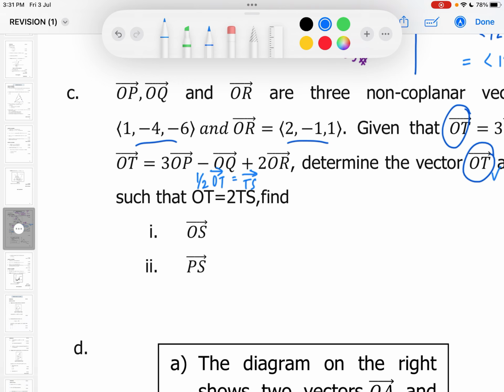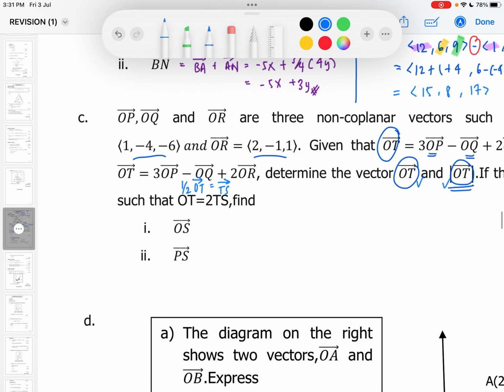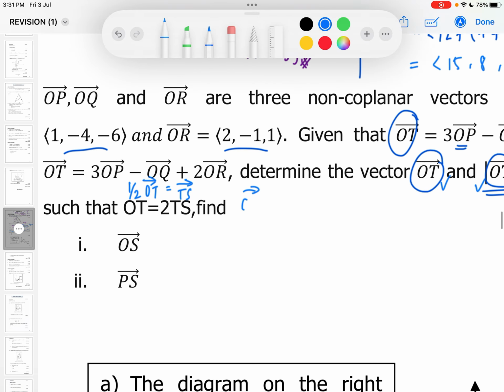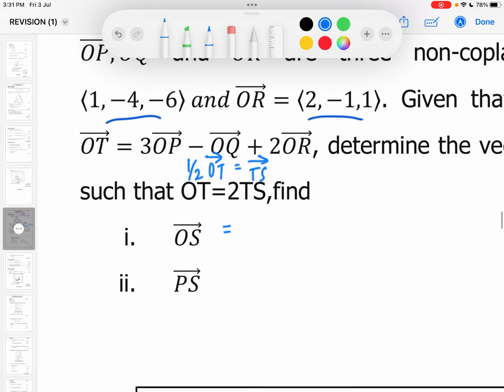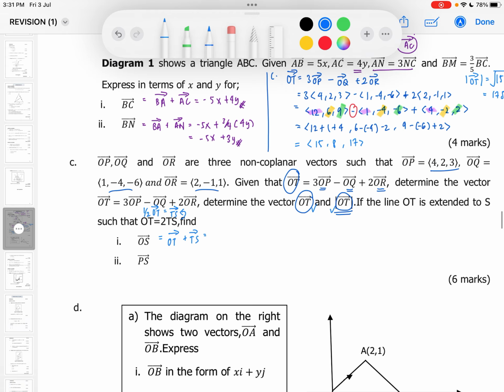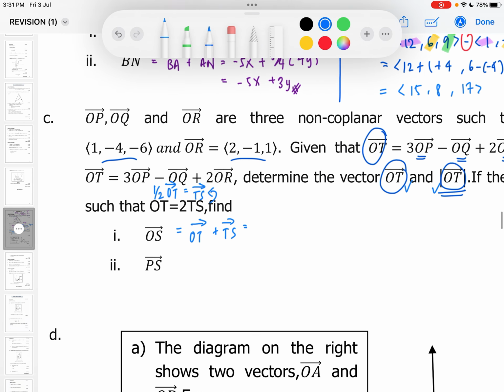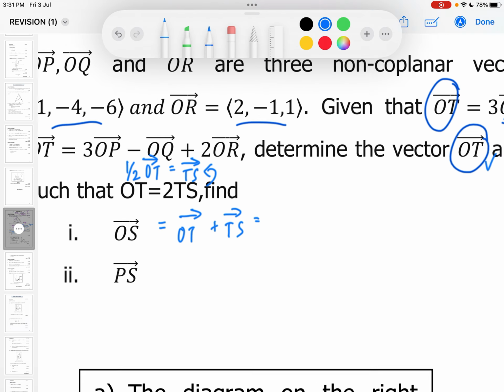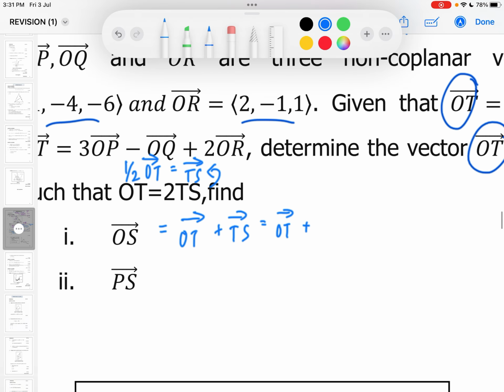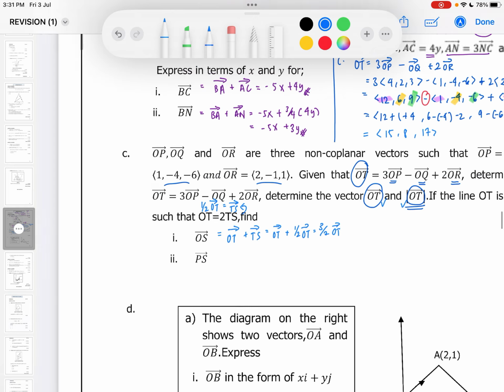Okay, so let's find OS. Wait, let me do it down here. Okay, OS would be OT plus TS, because we already found TS over here. So earlier OT, hold on, OT plus TS is 1/2 OT. So it's going to be 3/2 OT.